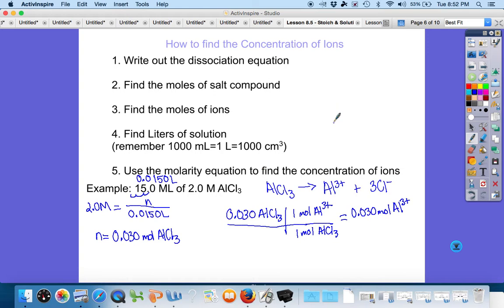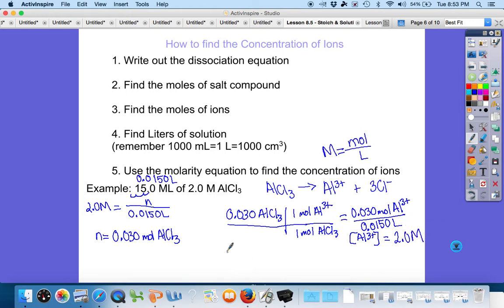So since molarity is the number of moles divided by the volume in liters, I'm going to take this moles and divide it by our liters, 0.015 liters, and the concentration of our aluminum ion, 0.03 divided by 0.015, should give us a molarity of 2 molar.